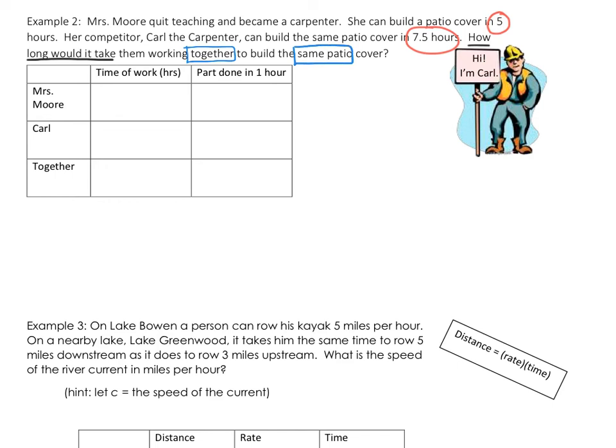That tells me that I'm going to take these two numbers and stick them together. So I gave you a table. This hopefully will help us get everything set up right. Before I do anything in here, I have to get a variable. So my variable is going to be x. Let x equal number of hours working together.